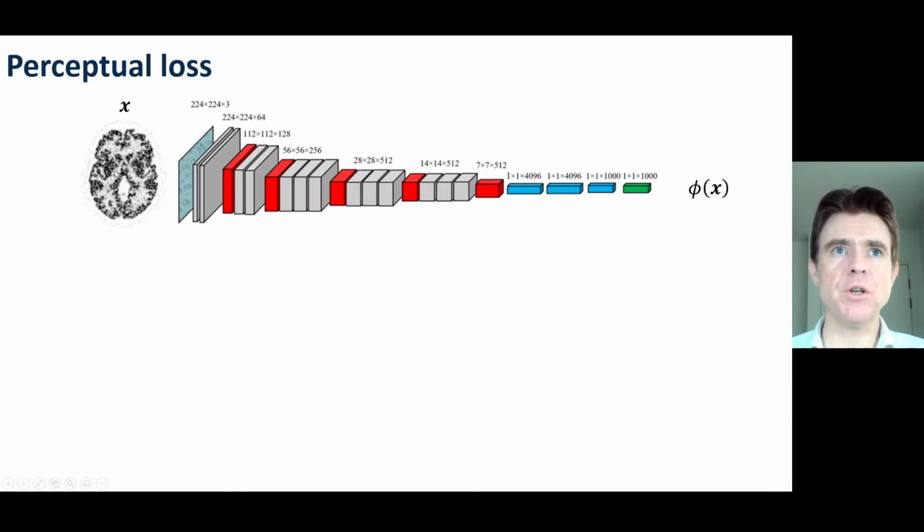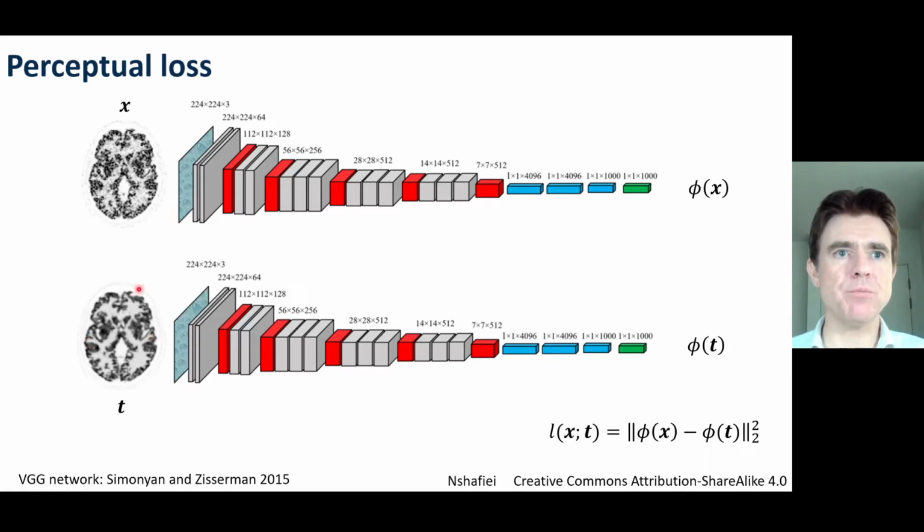So here I'm showing that another way of measuring the content of an image is not just the pixel level mean square error, but if we had some desired target, we could also encode that using a CNN, such as a VGG network, and we could get a feature map representation of our desired target.